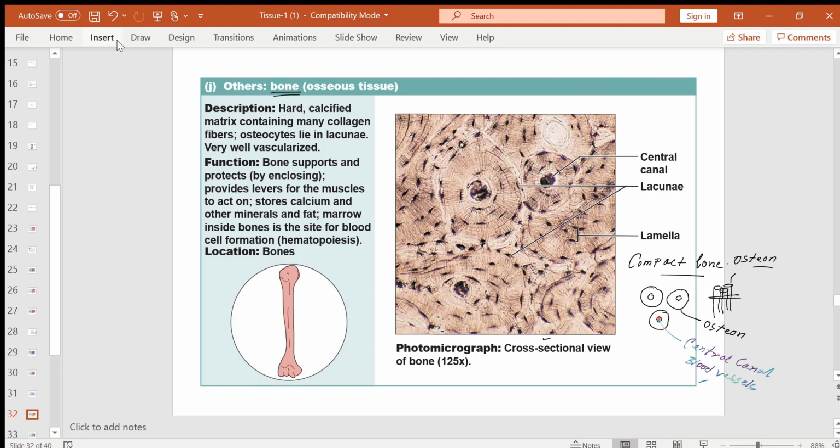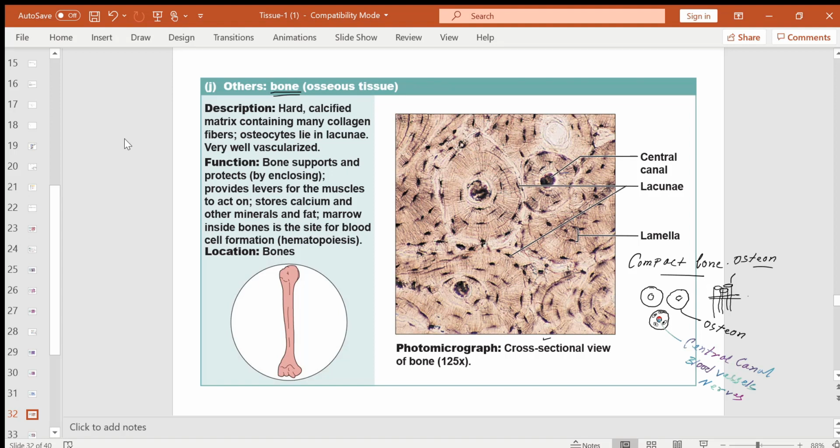Now we'll see around the central canal. Around the central canal, you have lacunae. You remember the lacunae, small cavities, so lacunae, and inside the lacunae you have the osteocytes, the bone cells.